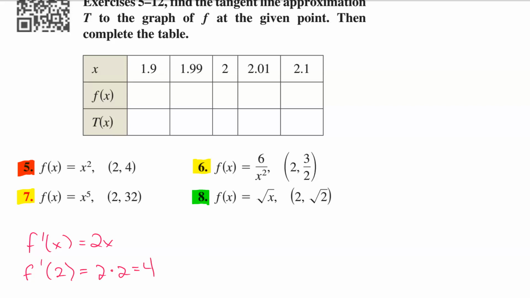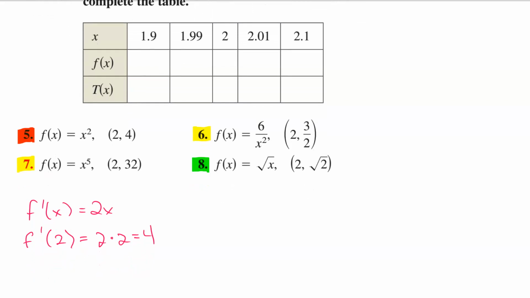All right. So we're ready to use our equation then. F of x minus f of c. From now on, I'm going to shorten this. So instead of putting the f of c on that side, I'm going to just put it on the right-hand side.